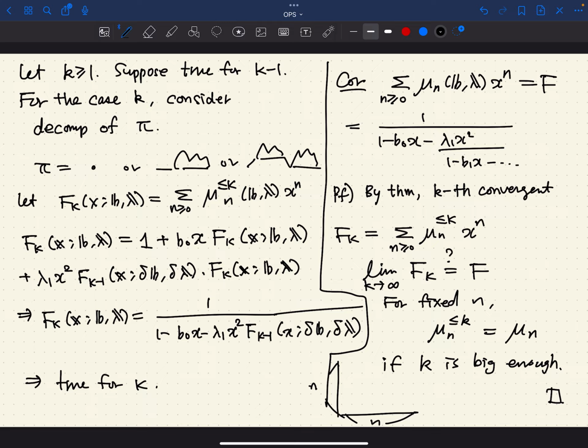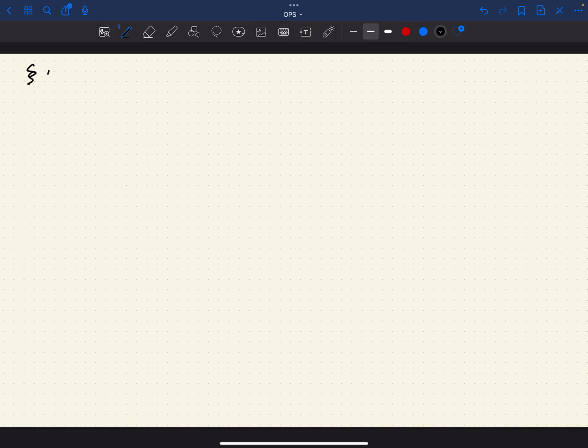Now let's move on to the next section then. Now we can see the connection between continued fractions and orthogonal polynomials.